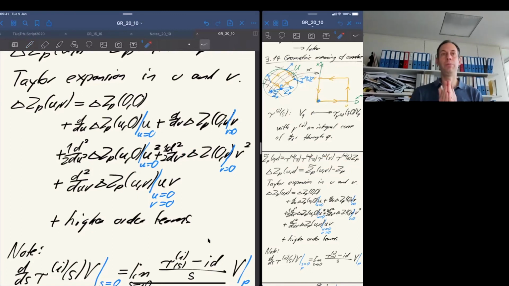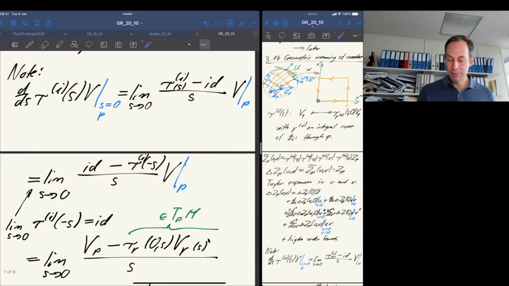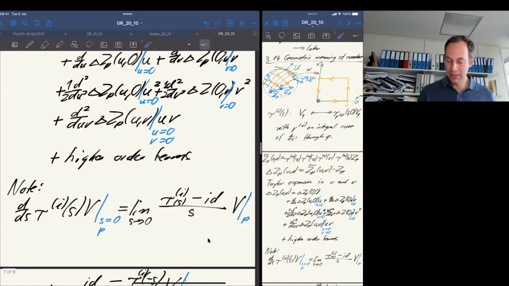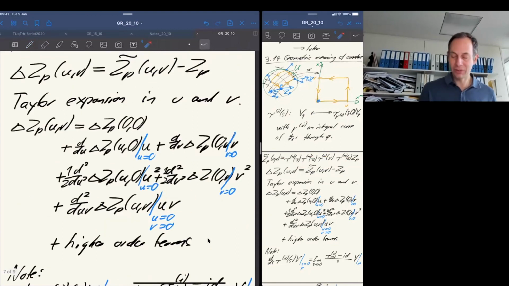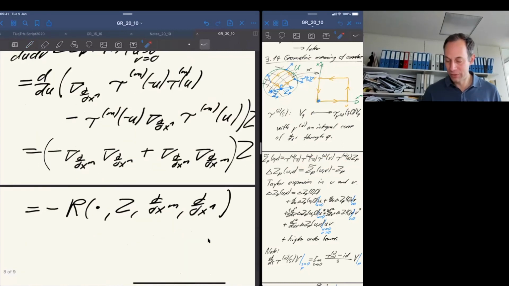If we do a loop like this in direction u, in the m direction of the coordinate system, then by v in the n direction and then back, then the amount by which the vector has changed is given by u times v times this term, which is exactly the curvature applied to these directions.